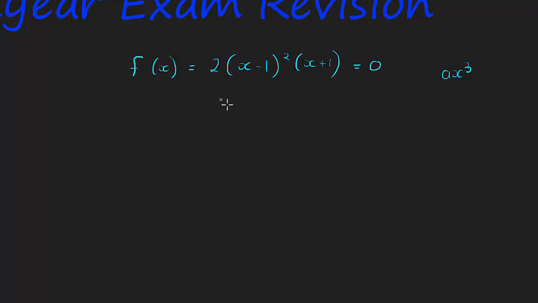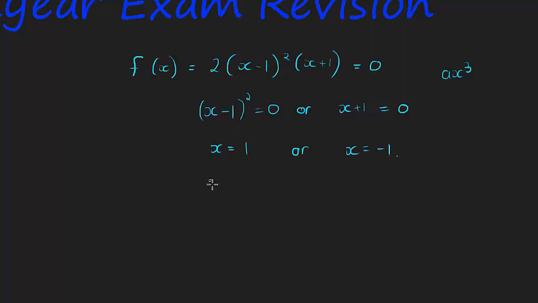So it was basically just noticing that x minus 1 squared is going to be 0, or x plus 1 is going to be 0. And this just means, well, take the square root on both sides, plus minus on the right hand side will be plus minus 0. So it's just going to stay the same. So x is going to be 1, or x is going to be negative 1.